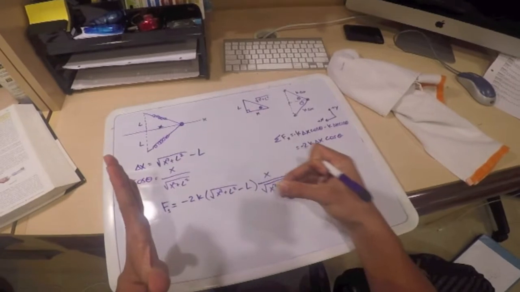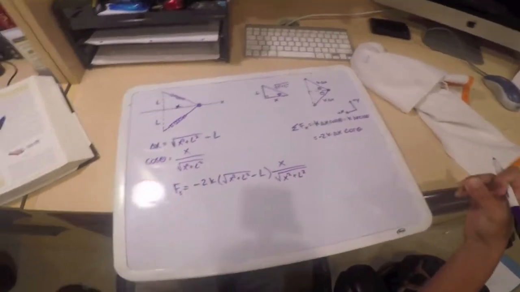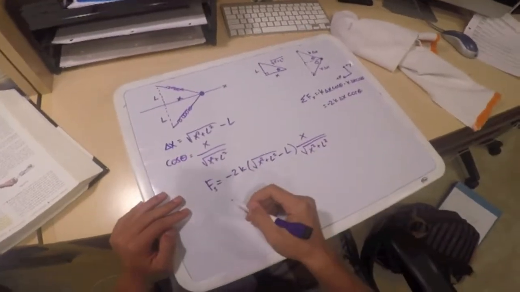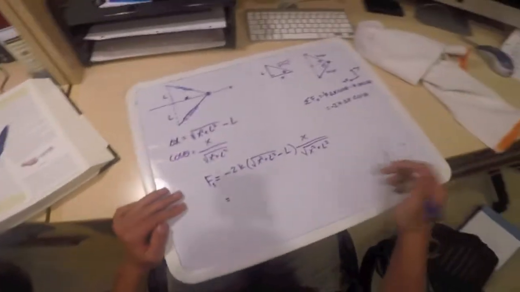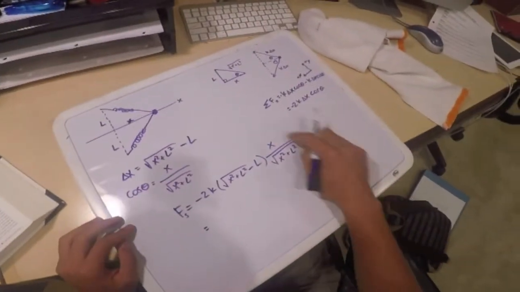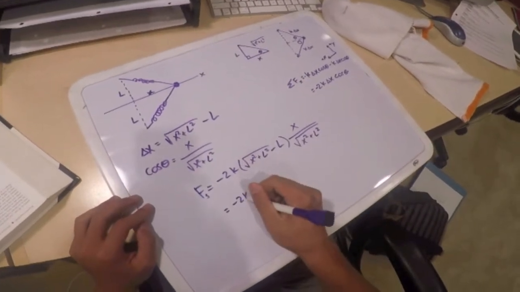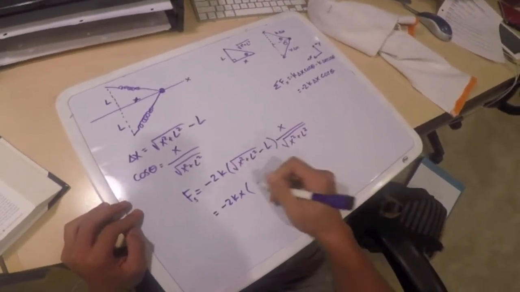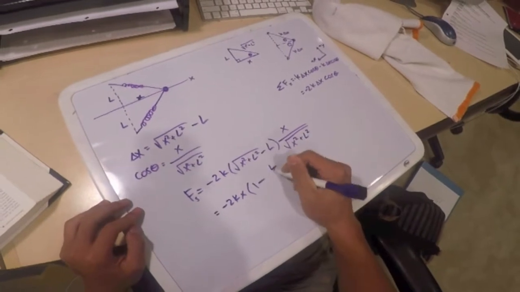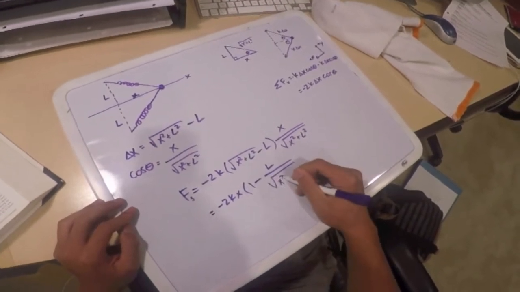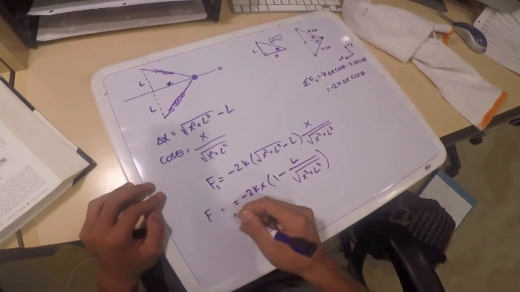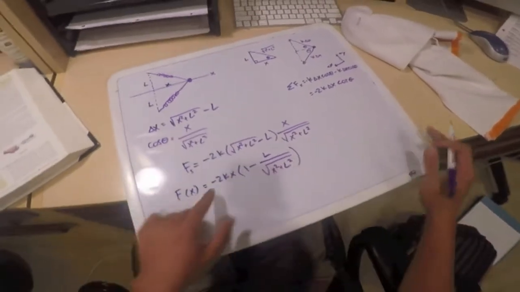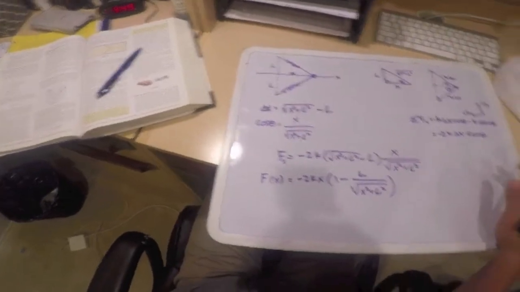We're going to be able to figure out the force at each different x value. So if we do some algebra to solve it for what we're looking for in this equation, I'm going to put the x over here. So negative 2kx, that cancels out, becomes 1 minus L over the square root of x squared plus L squared. And that's F as a function of x, because we know k and we know L.